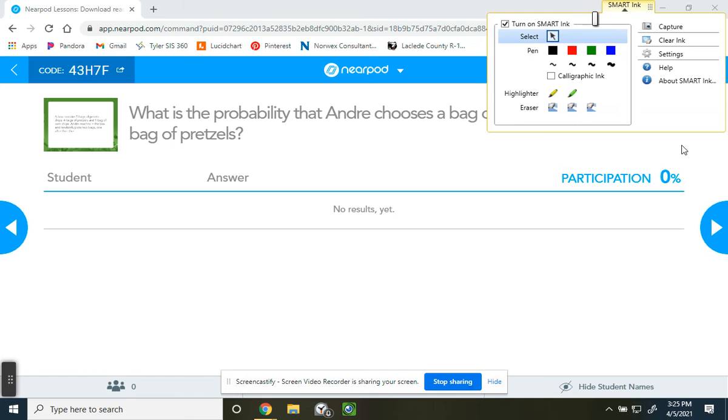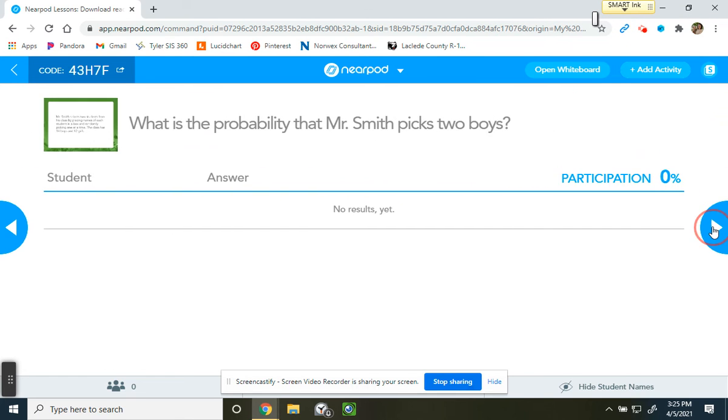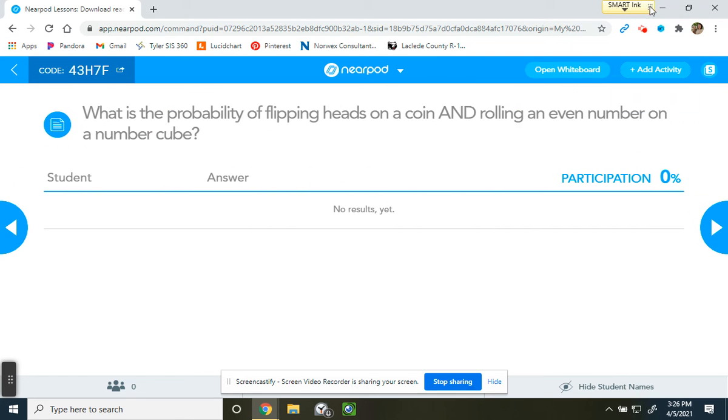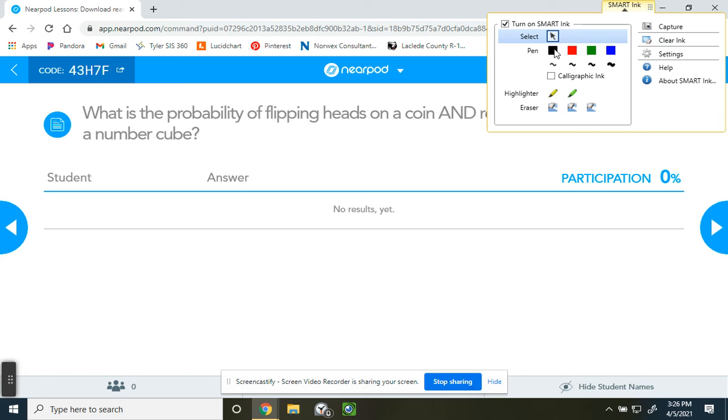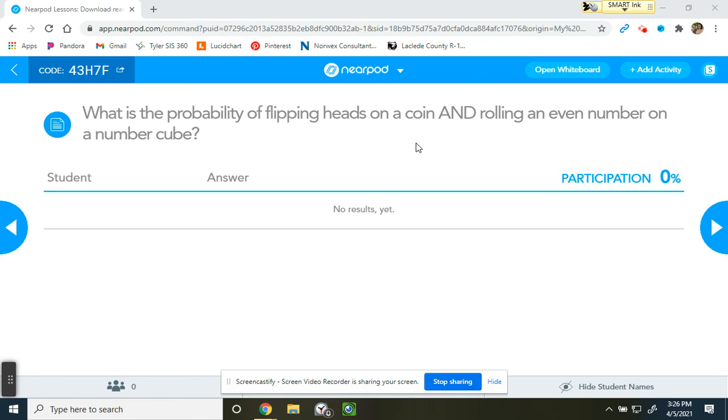Let's do one more. This one is independent because I am flipping heads on a coin and rolling an even number on a number cube. That's just a fancy word for a die. So if I flip heads, my probability for that one's just 1/2.